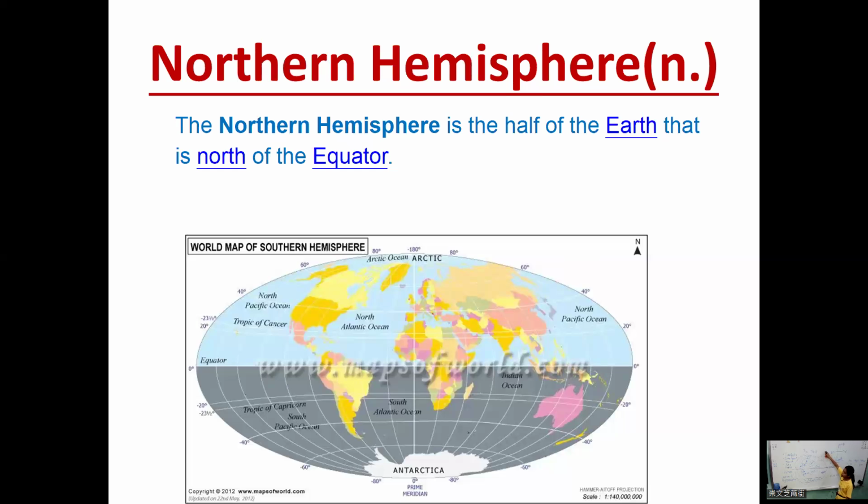So when we say northern hemisphere, what are the continents that you can see in northern hemisphere? Europe. Can you see South America on northern hemisphere?